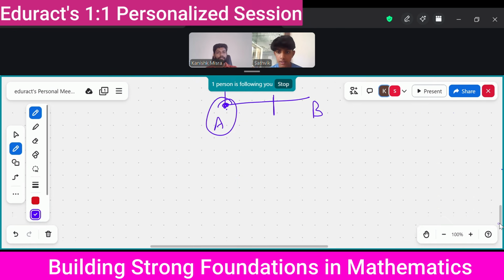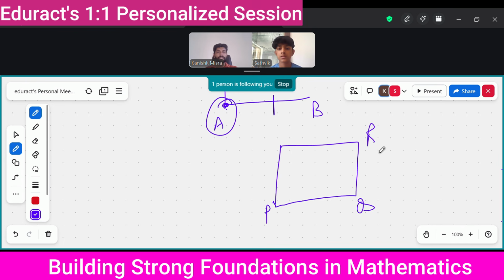Let's say this is your quadrilateral PQRS. Find opposite sides and adjacent sides.